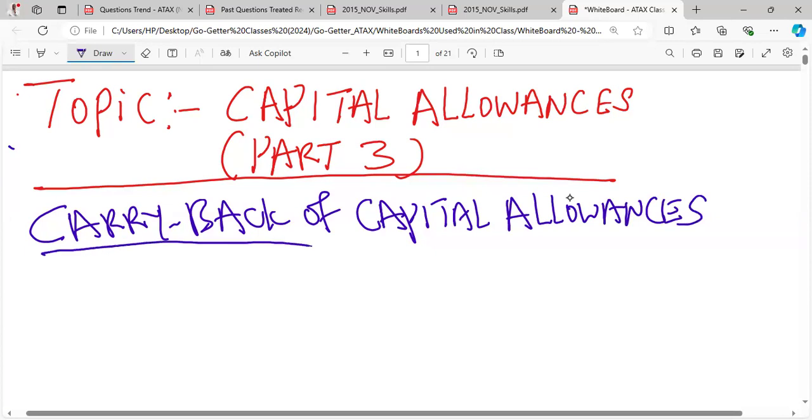So, what is carryback of capital allowances? Like the name suggests, capital allowances can be carried backward. Normally, businesses move forward, and by that, whenever you have unutilized capital allowances, you move them forward to the next assessment year.